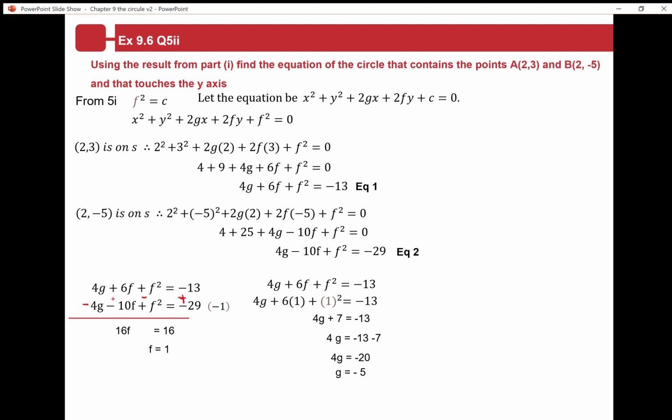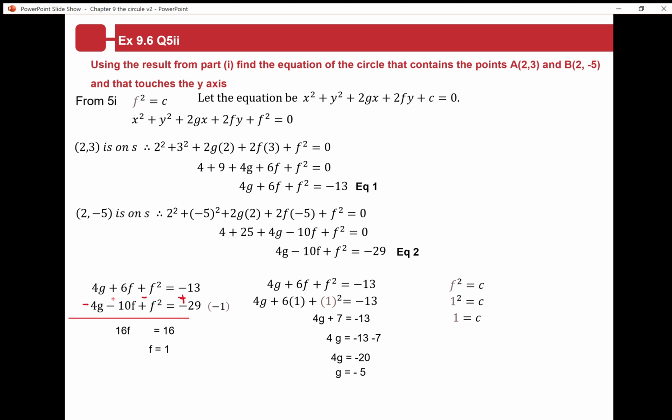Okay, we've now found the values of f and of g, so we're going to find our value of c next. Well, don't forget that at the very start we stated that f squared is equal to c, so substituting in our value for f gives us 1 squared equals c, and therefore c is equal to 1.